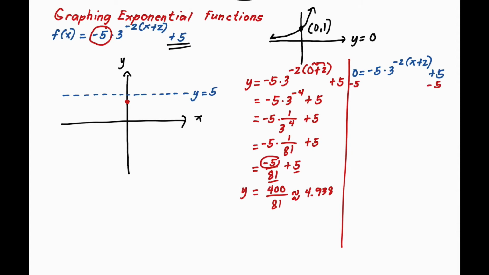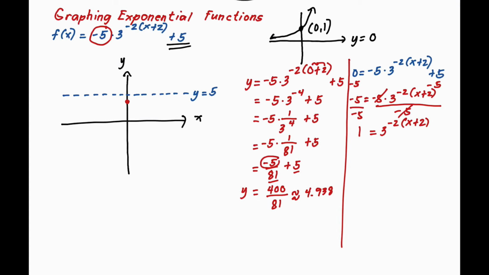So we have negative 5 equals negative 5 times 3 to the negative 2 times x plus 2. And we can divide by negative 5, so this will be cancelled. This is 1, and this is 3 to the negative 2 times x plus 2.